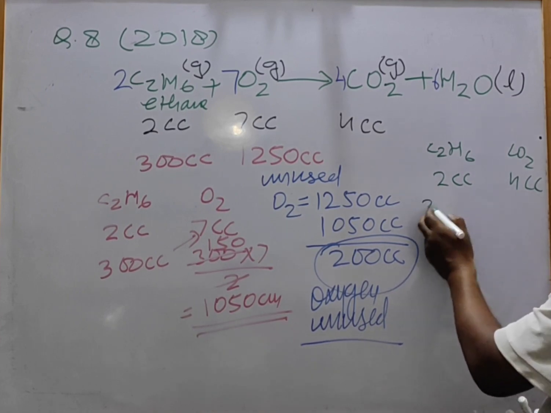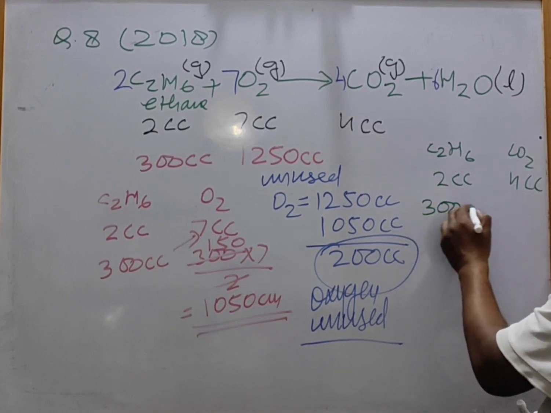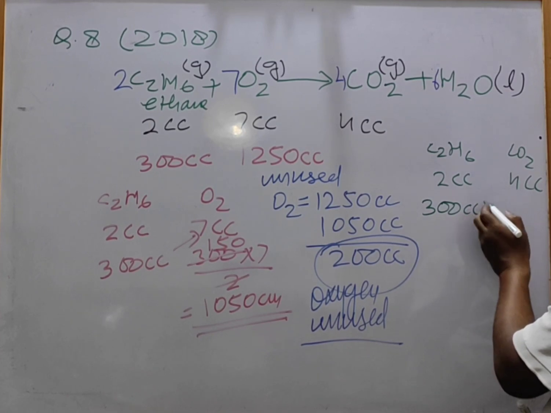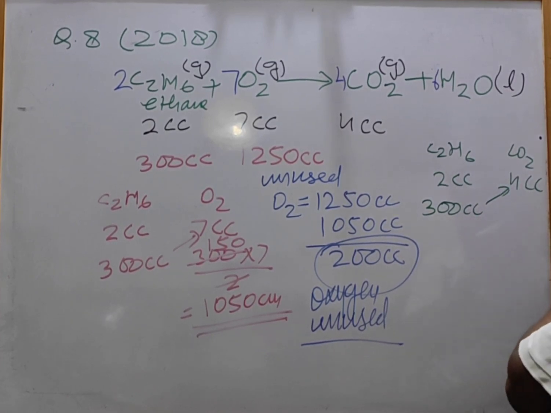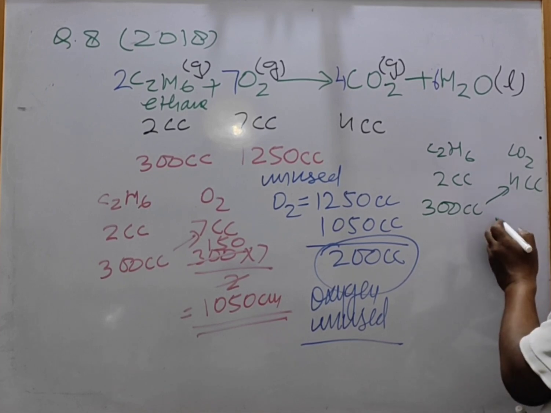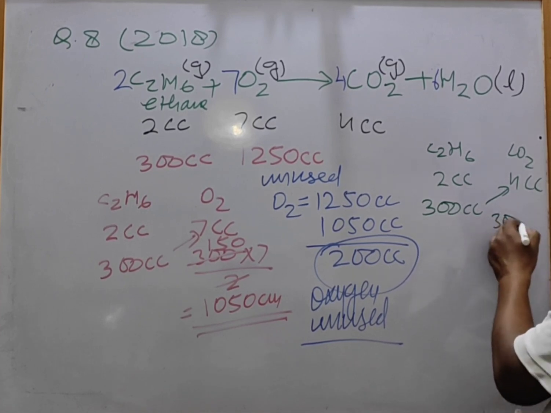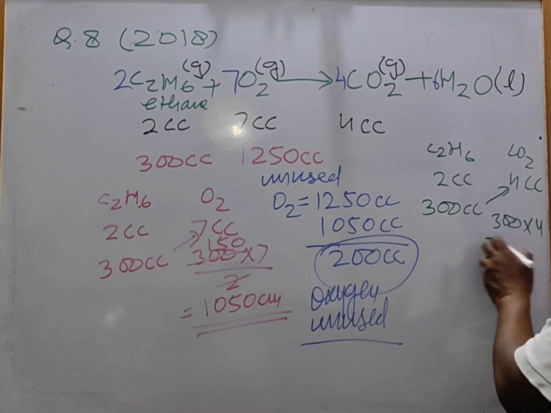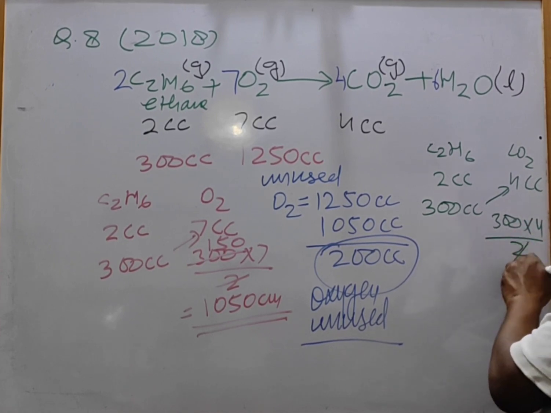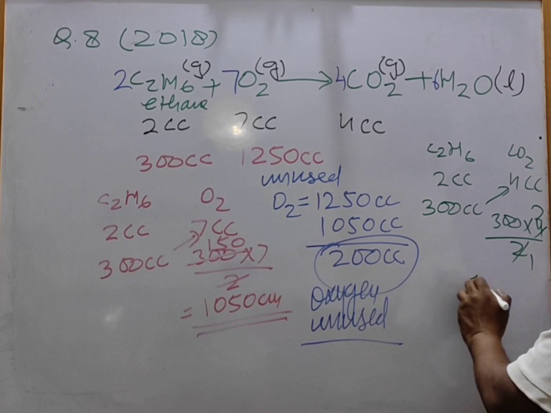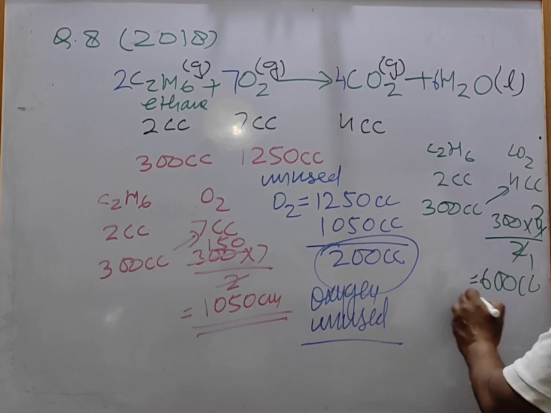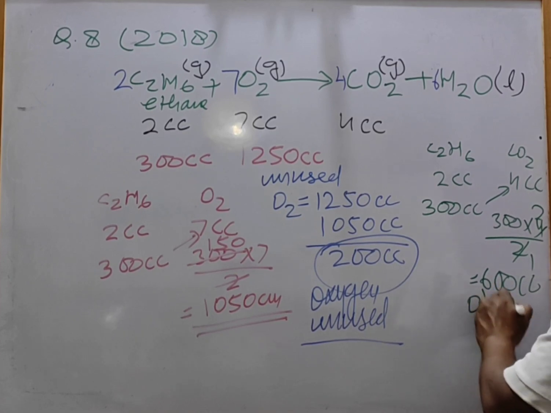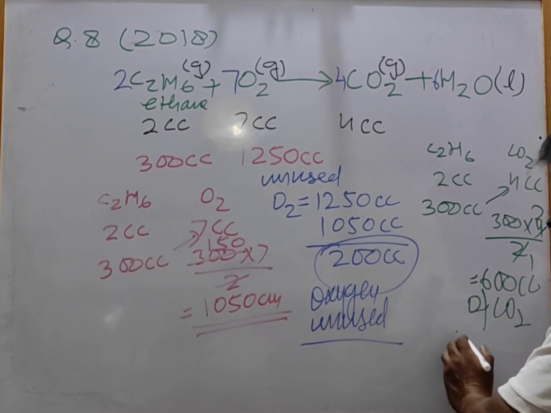So 300 cc will give how much carbon dioxide? Cross multiply and divide. That is 300 into 4 upon 2, which becomes 600 cc of carbon dioxide formed, right?